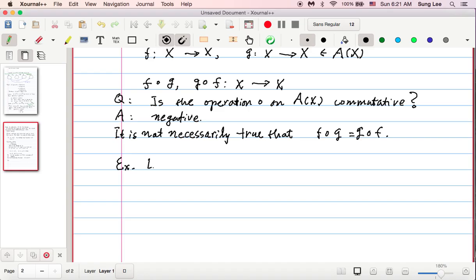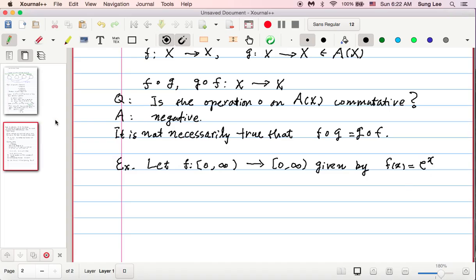A simple example will show you this clearly. Let f be a map from 0 closed to infinity to itself given by f of x equals e to the x.